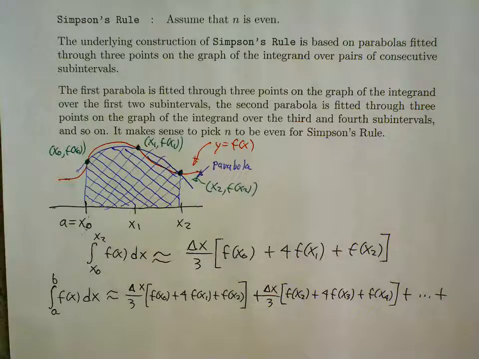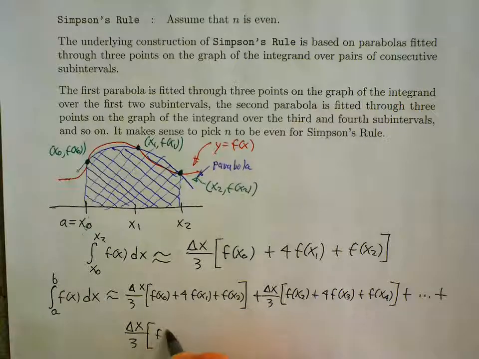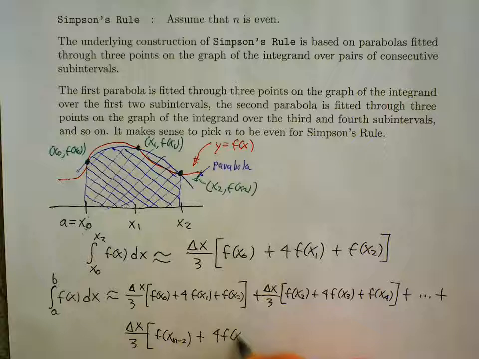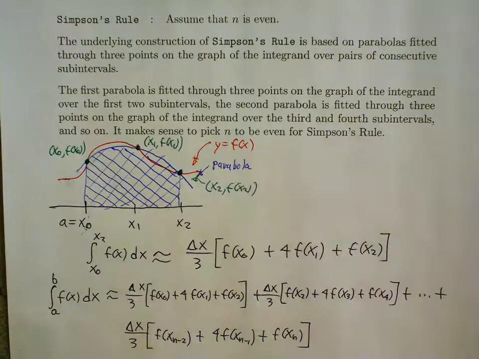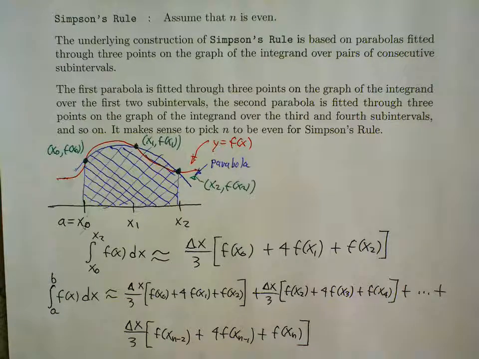And the last pair of subintervals gives us this quantity, delta x over 3 times f of x sub n minus 2 plus 4 times f of x sub n minus 1 plus f of x sub n. Okay, when we add all of those terms up, can you see what's going to happen?